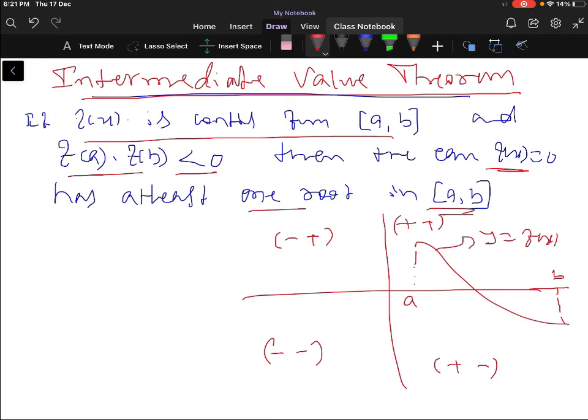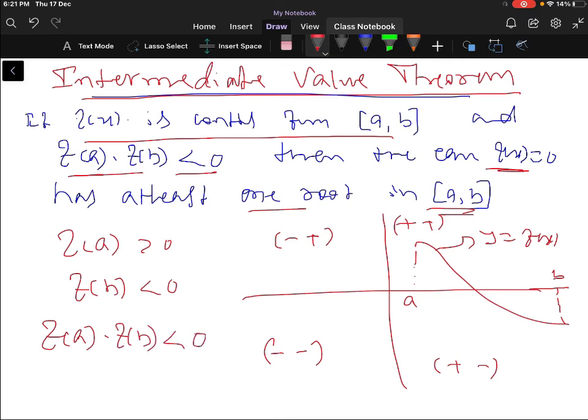We can observe that at x is equal to a, f of a is positive. At x is equal to b, f of b is negative. Therefore, the product f of a into f of b is negative.